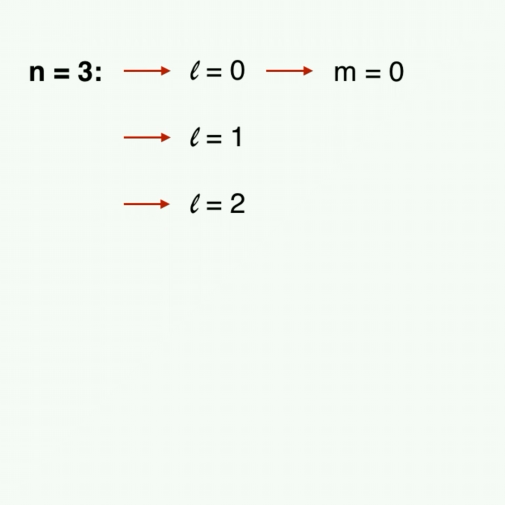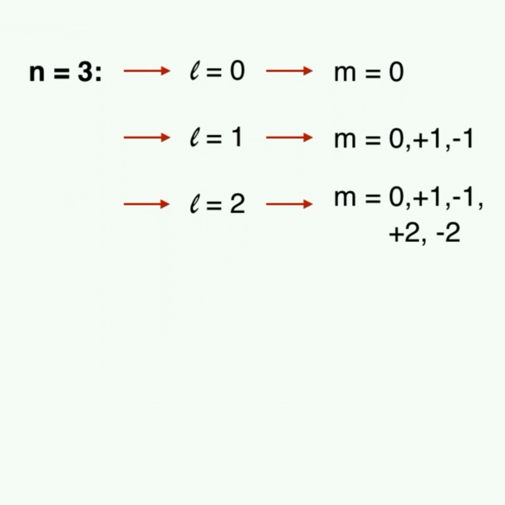Lastly, we have our states with n equaling 3. When n is equal to 3, we can have possible L values of 0, 1, and 2. As we've determined before, when L is 0, m also equals 0, and when L equals 1, m can be 0, positive 1, or negative 1. Similarly, we can now determine that when L is equal to 2, m can have possible values of 0, positive 1, negative 1, positive 2, and negative 2.